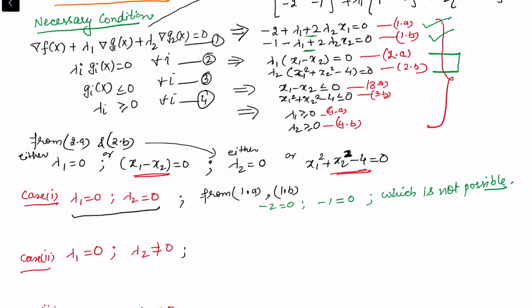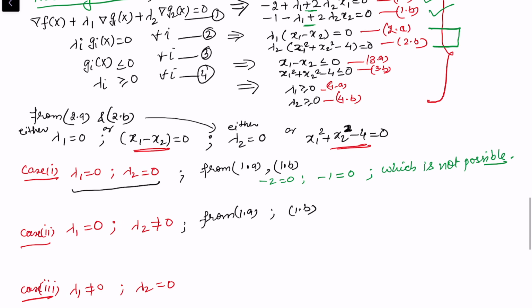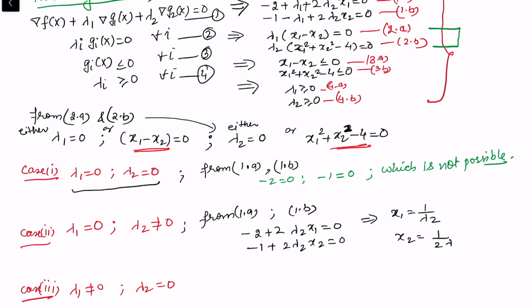In the next case, similarly, from 1 point A and 1 point B, we get minus 2 plus 2 lambda 2 x1 equal to 0 and minus 1 plus 2 lambda 2 x2 equal to 0. So we solve these, we get x1 equal to 1 by lambda 2 and x2 equal to 1 by 2 lambda 2.